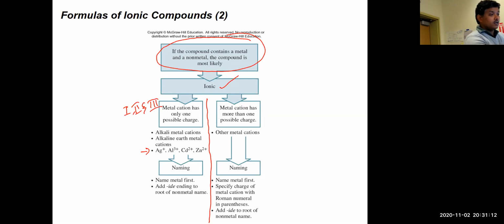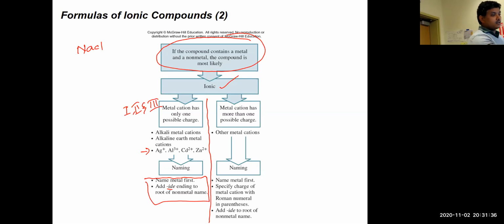You just name the metal, and you name the non-metal with "ide," and just add them together. That's it. Let me take an example. Let's say you have NaCl. Na is from group 1, so I'm going to follow this left side method.